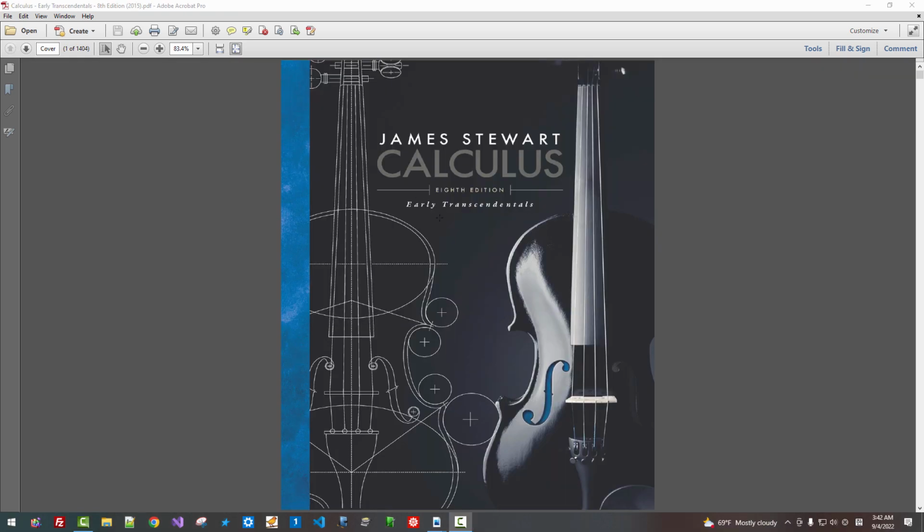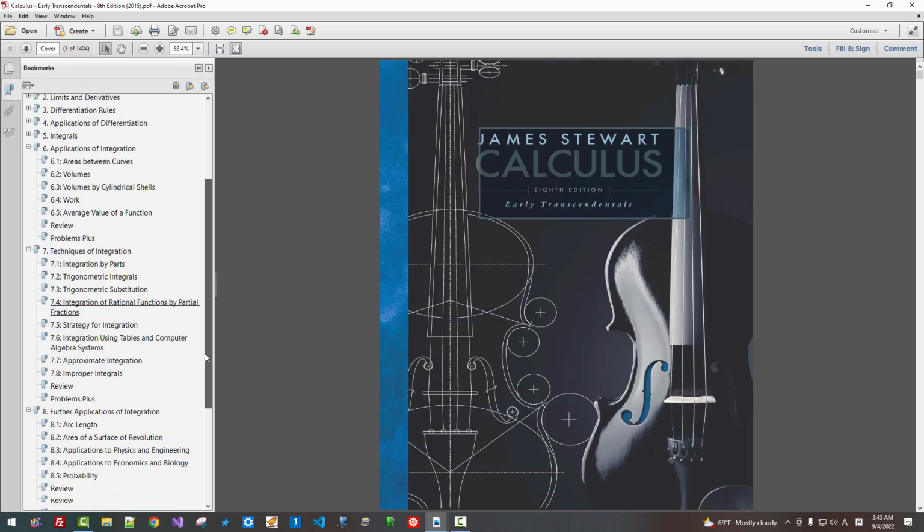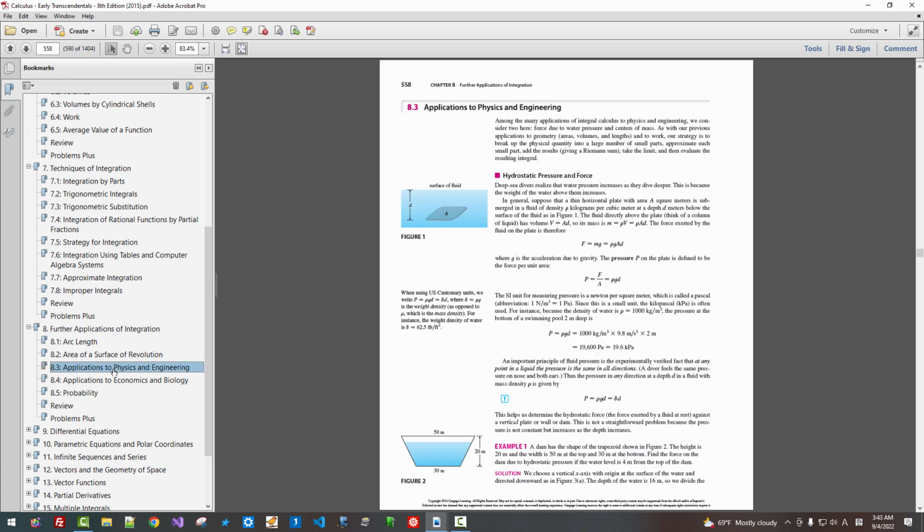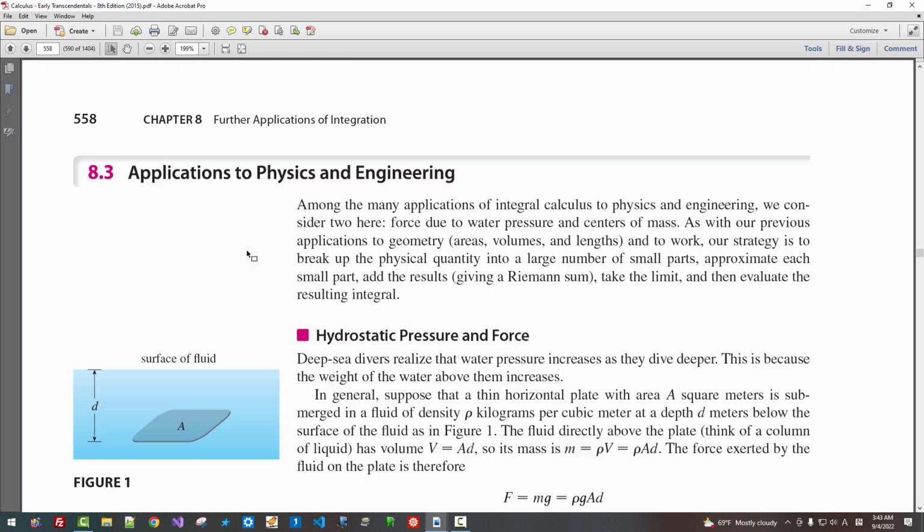So I read James Stewart, Calculus: Early Transcendentals, 8th edition. From this book, Chapter 8, Section 3, Applications to Physics and Engineering.